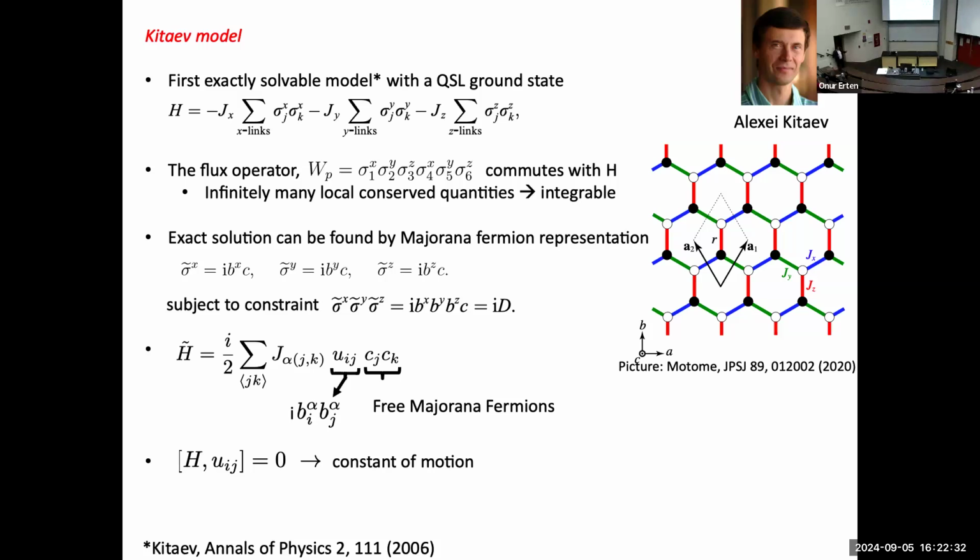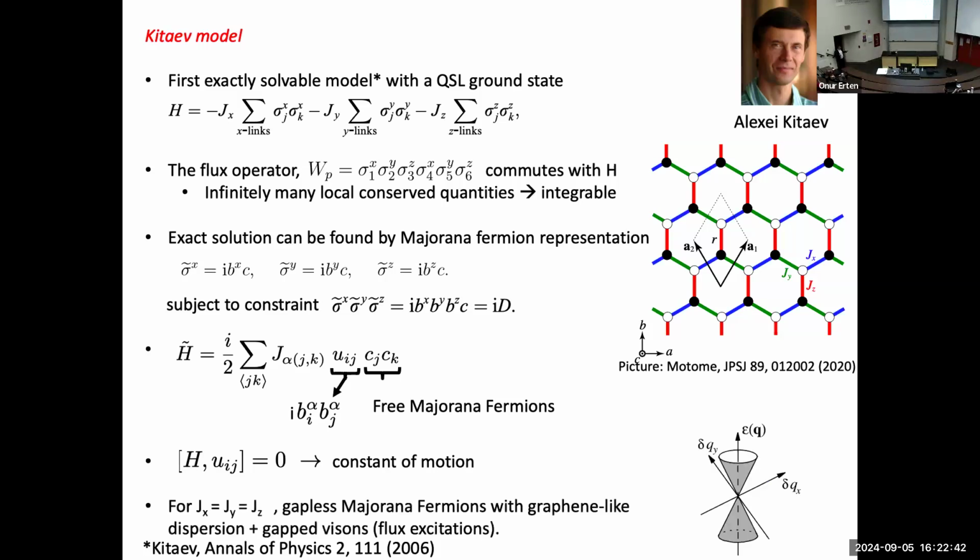And then you have 1 Majorana fermion that's free to move. In the ground state, this Majorana fermion that's free to move in your crystal has something like a graphene-like dispersion in momentum space, and you have gapped excitations that come from flipping the other Majorana fermions, which are called the flux excitations.